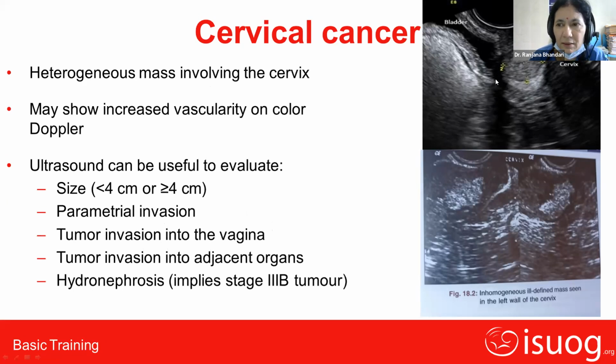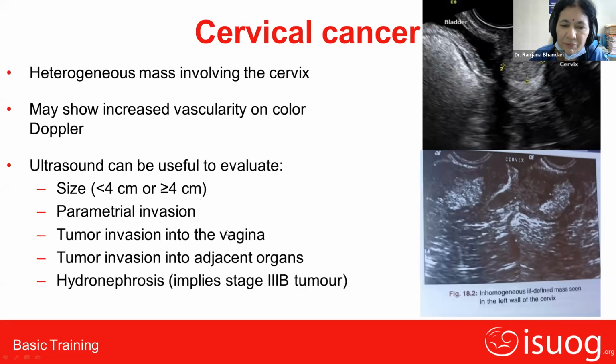Although cervical cancer is normally assessed as high risk or lower risk by 3D and MRI, even in gray scale we can find out some cases, like whether the size is less than 4 centimeter or more than 4 centimeter. We can even see parametrial invasion.